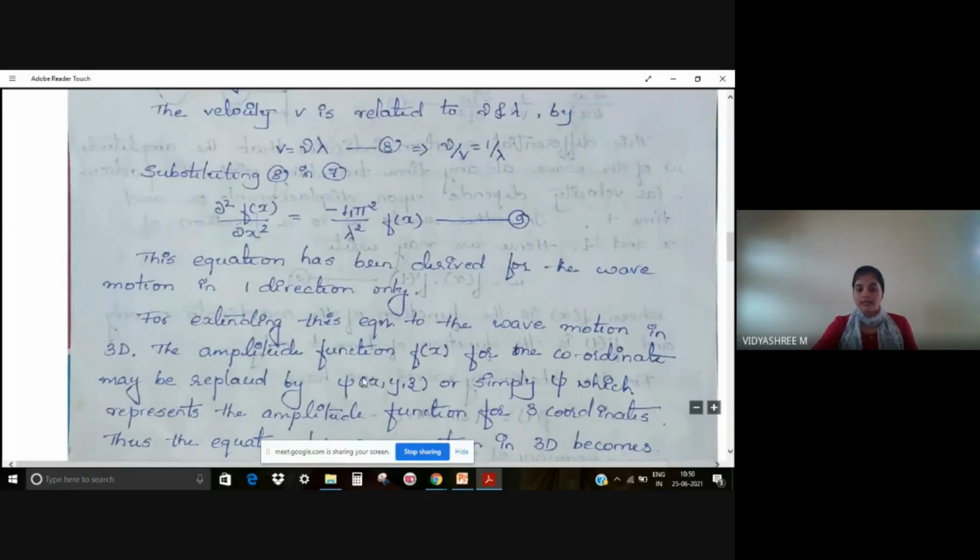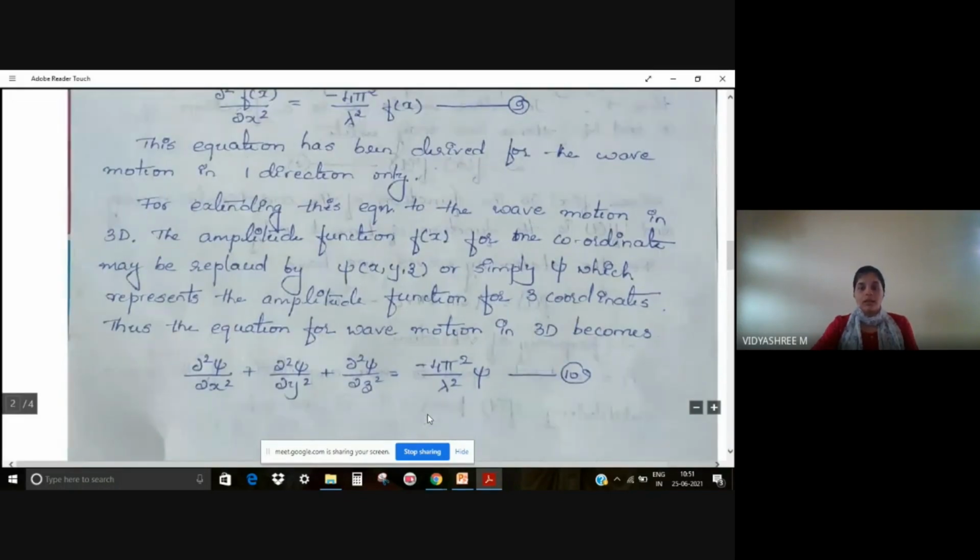This notation is called psi, psi of x y z or just psi, that gives us the representation of amplitude along 3 coordinates or in 3 directions. So the amplitude function f of x is replaced by the wave function psi now.